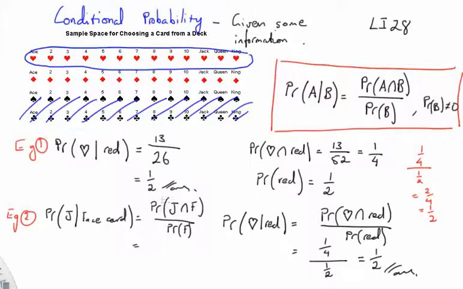Drawing a jack is automatically a face card, so that's 1 out of 13. The probability of drawing a face card: you've got 3 by 4, which gives you 12 out of 52, which simplifies to 3 on 13. So 1/13 divided by 3/13 works out to be 1/3.